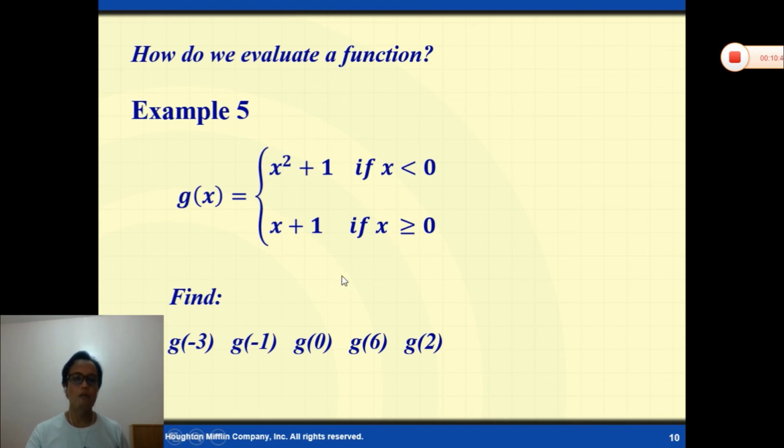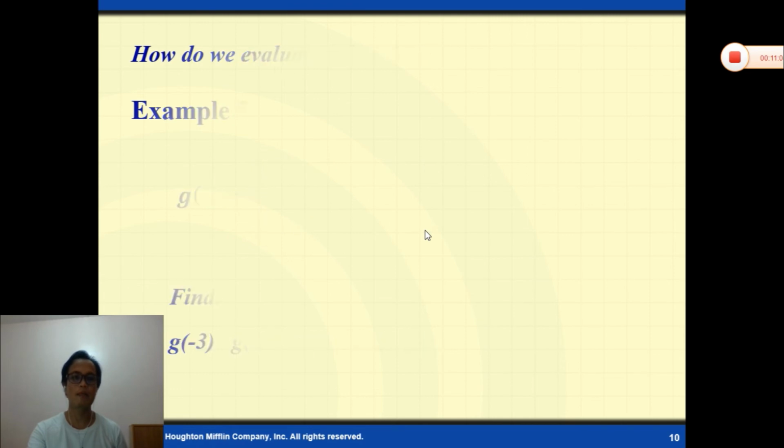So meaning, the values that are allowed for the first function, which are less than 0, are only negative 3 and negative 1. We cannot use 0 for this function because this is only less than. Whereas we can use this value for the second function because of this greater than or equal to 0. Let's try.